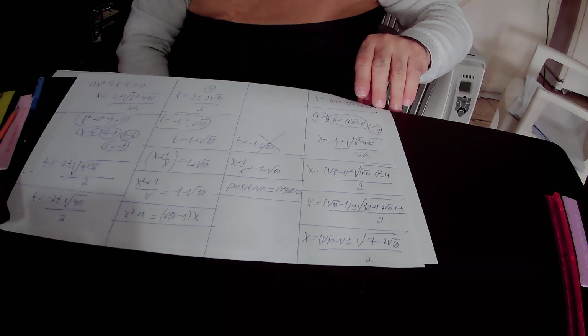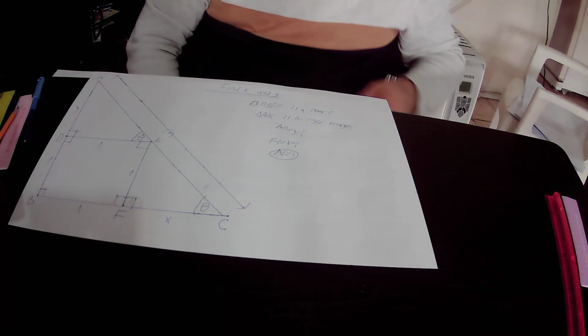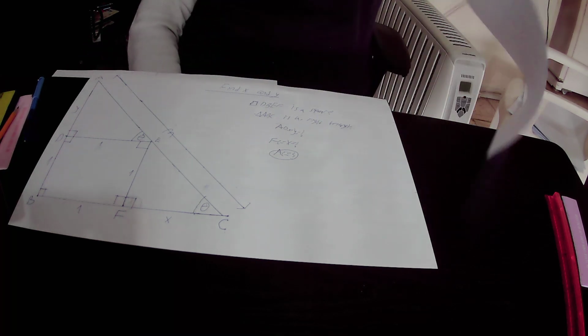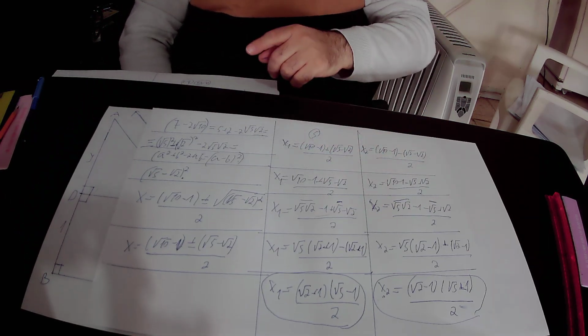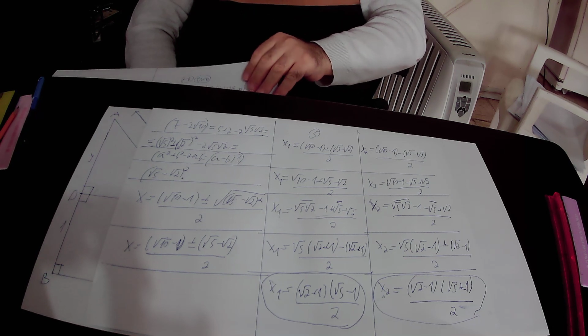Okay, then we treated the expression. We changed the expression that is inside the root, that is 7 minus 2 times square root of 10.